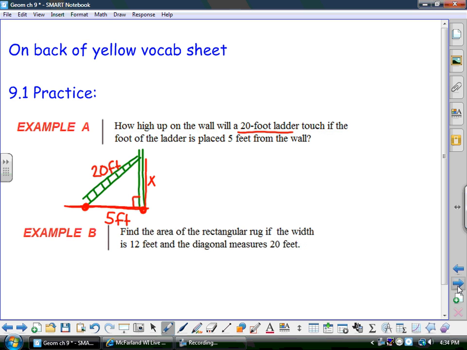Since it is a right triangle, we can use the Pythagorean theorem, or leg squared plus leg squared equals hypotenuse squared. The two sides that are legs, or touching the right angle, are the 5 and the x. And the hypotenuse, the side that's across from the right angle, is 20.